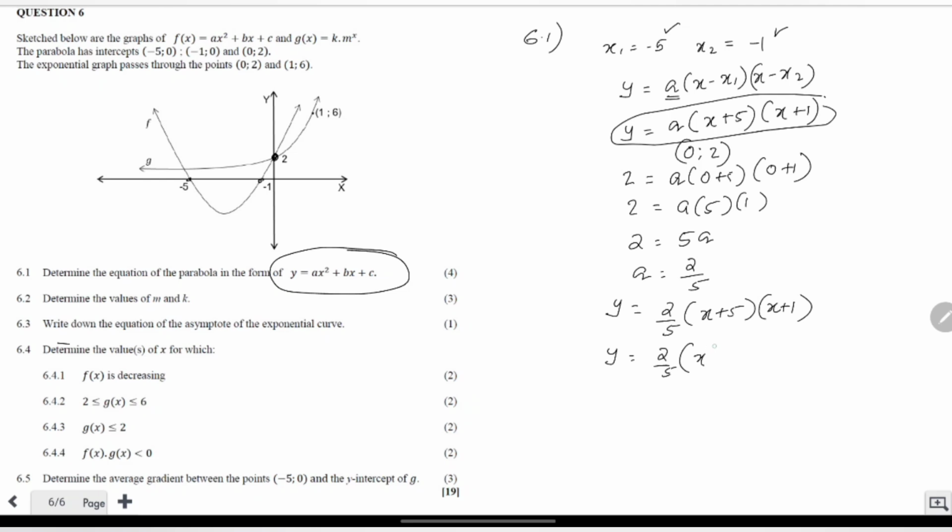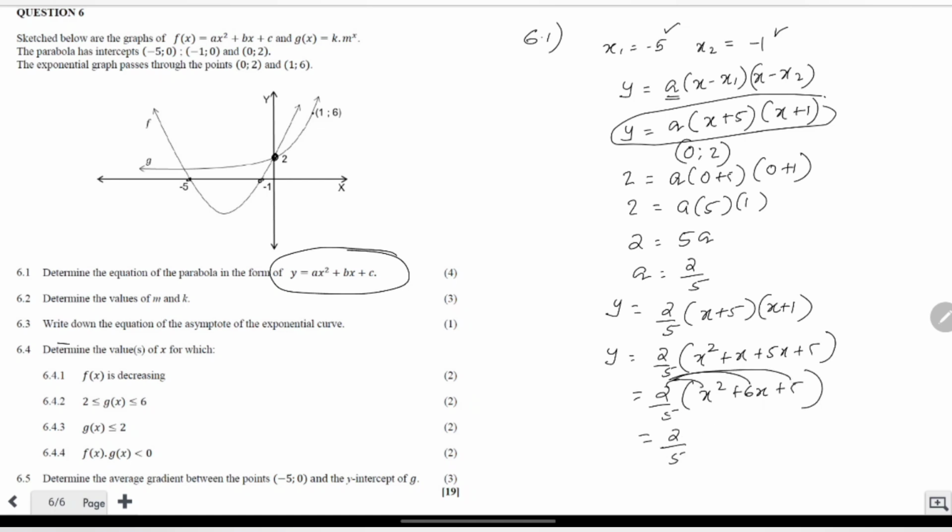X times x, x squared, x times 1, x, then 5 times x, 5x, 5 times 1, 5. Okay, that is 2 over 5, because 2 over 5 is there outside, that is why I'm still keeping that bracket there. X squared, x plus 5x is 6x, plus 5. Now open the bracket, so this is going to multiply each term inside the bracket, isn't it?